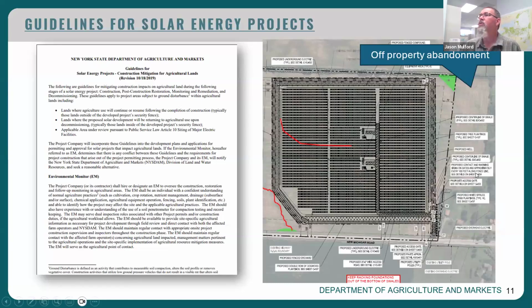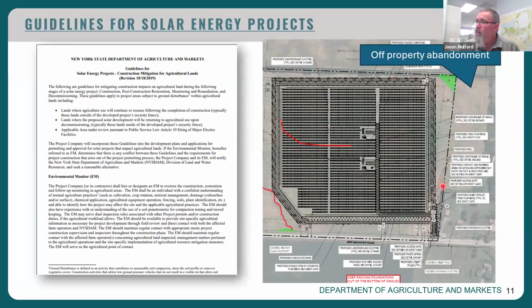I chose this picture here. It may be hard for you all to see, but there's a section of field that I'll call off-property abandonment. Because the access is blocked, and there's all sorts of plantings here.